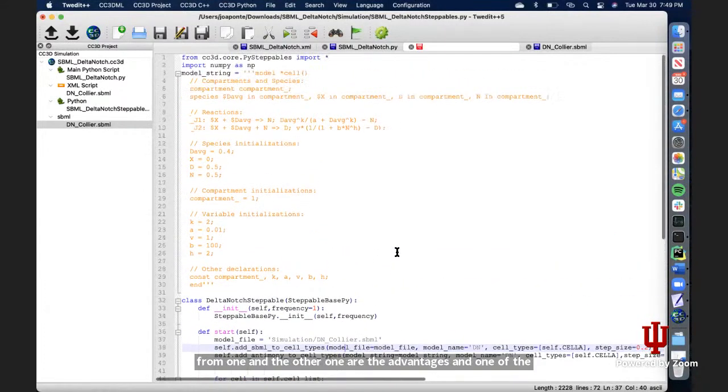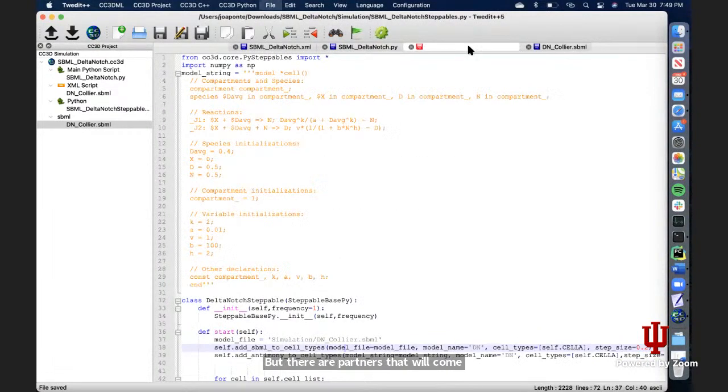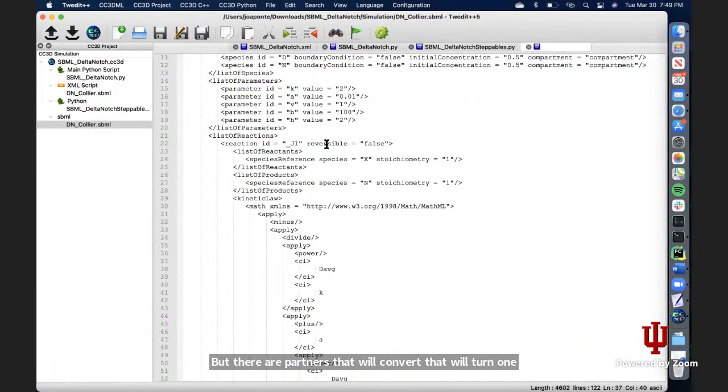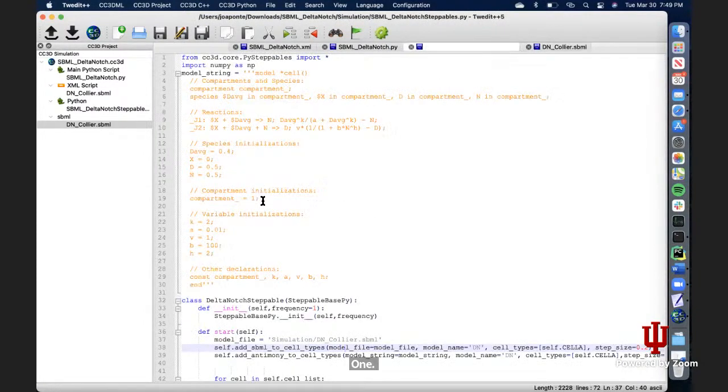One of the advantages of using Antimony strings is that they are human readable, or easier to understand and read than their SBML counterparts. But there are parsers that will turn one structure into the other one, and that's what I want to show now.